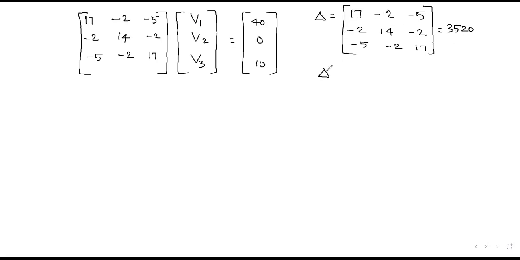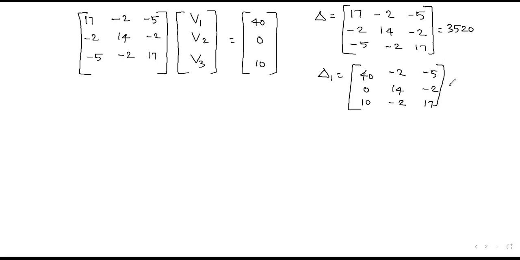Then similarly for del 1, you will get the matrix 40, 0, 10, then minus 2, 14, minus 2, and minus 5, minus 2, 17.